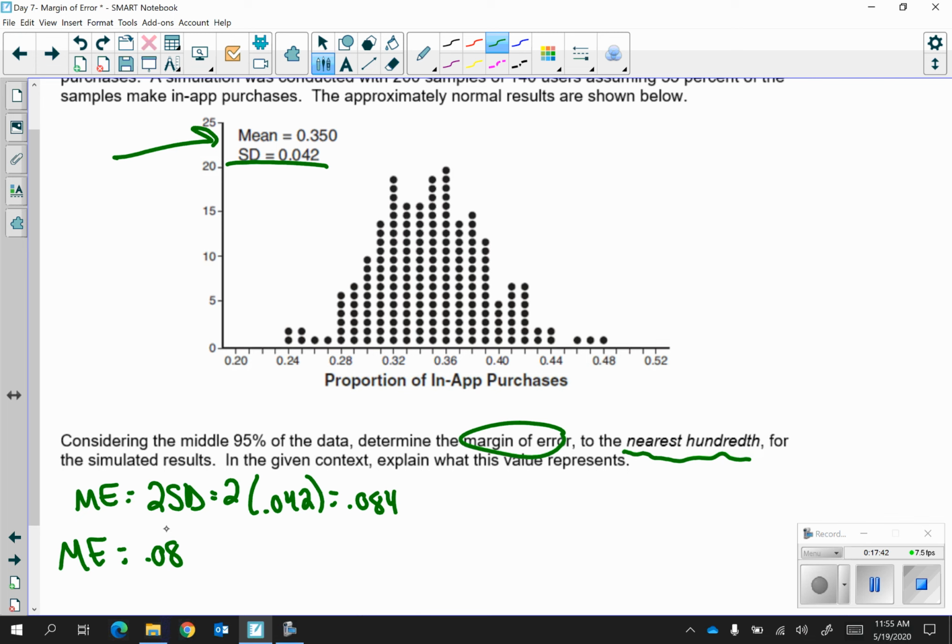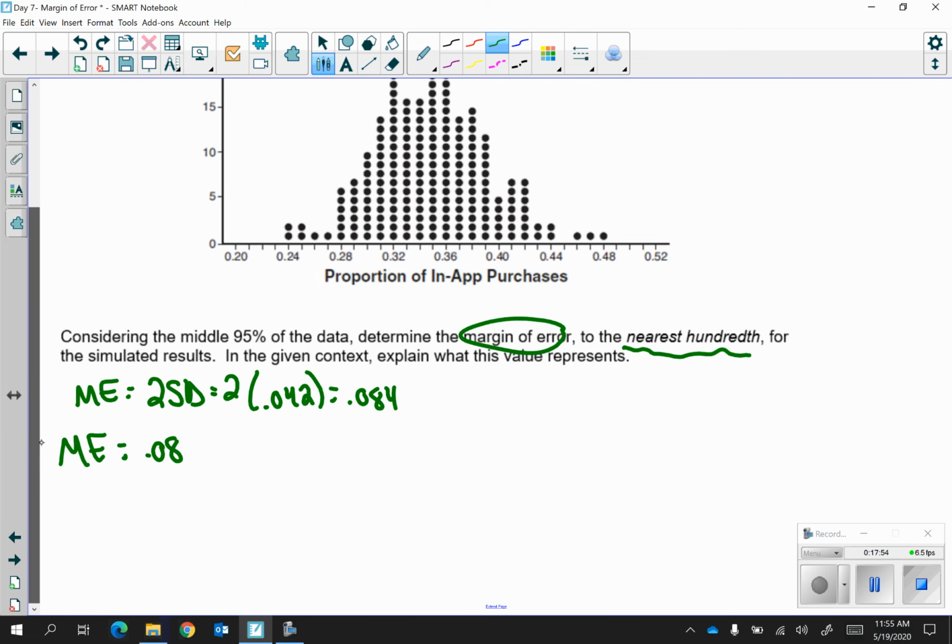From there, they want you to explain what the value represents in the given context. Now, think about it this way. What do we use the margin of error to help us find? And the answer to that is we use it to help us find the 95% confidence interval. The problem is even saying consider the middle 95% of the data. So we can use this margin of error to figure out the confidence interval.